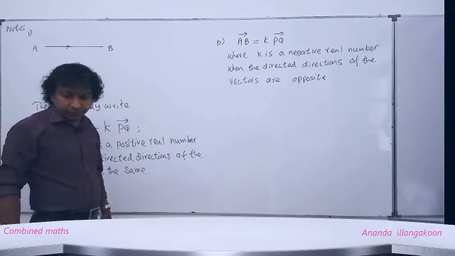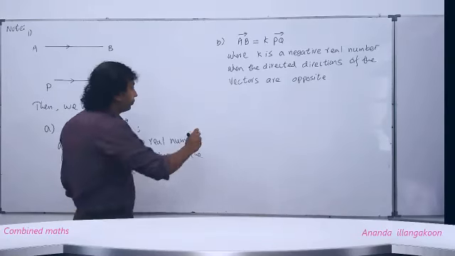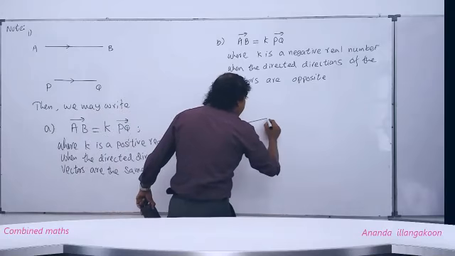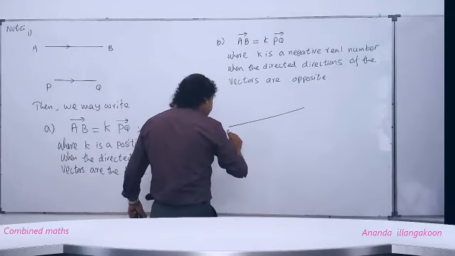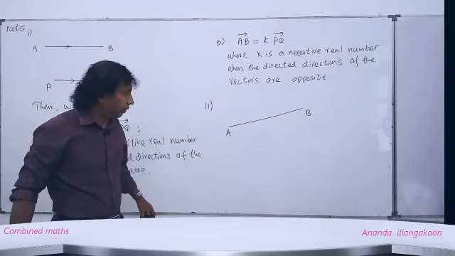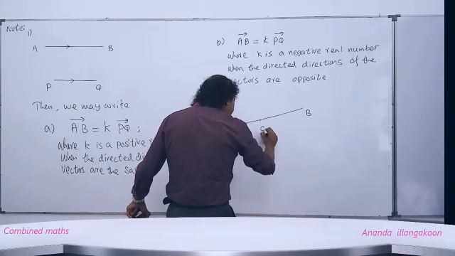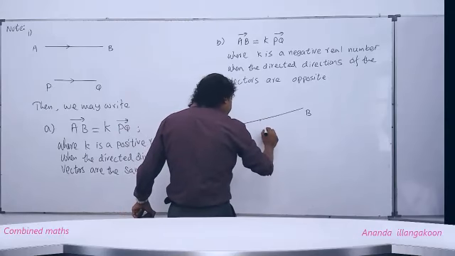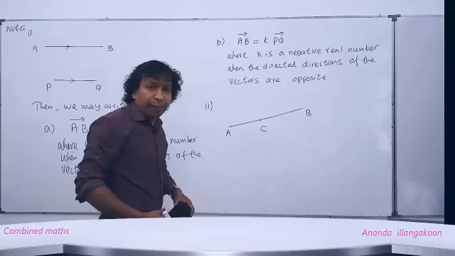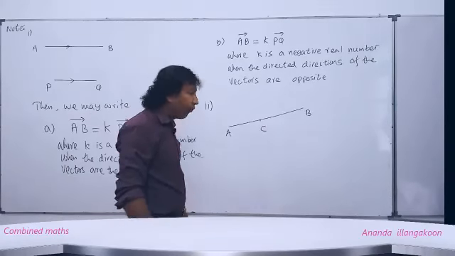Now, people, note number 2. We'll come to note number 2. Suppose here like this, we have an AB vector. On the line AB, we have a point C. That point C divides this AB line segment internally in the ratio 1:k.